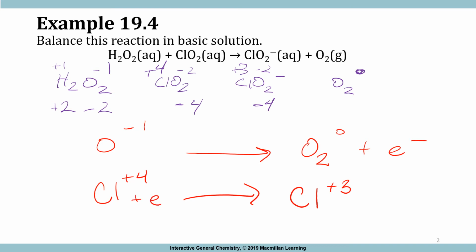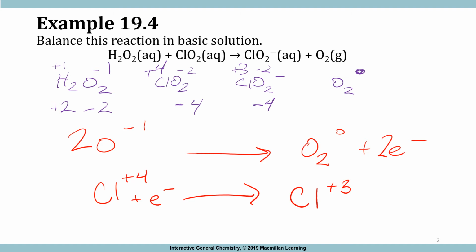So plus e minus. Also, we need to go back and balance the O2 because there is a 2 right here. We have to make sure that there is a 2 up front here for the overall electrons to be 2. Now, that also means that for every 1 electron of chlorine being gained, we're losing 2 electrons of oxygen.